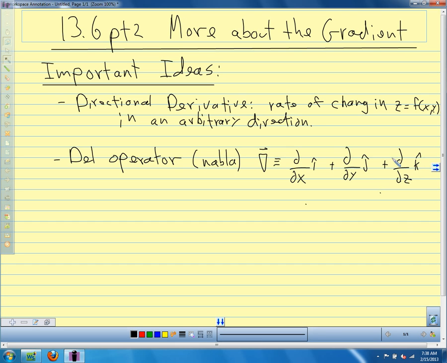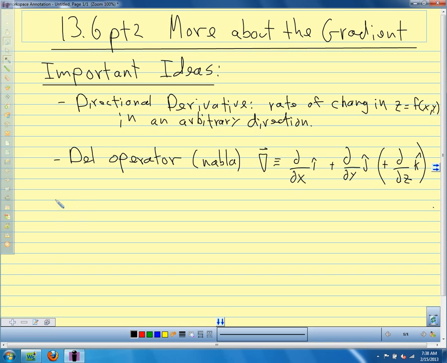Okay, so I'll just put that in parentheses. And we said that the del operator has to operate on something to have any meaning. It has to operate on a function, and later on we'll use the del operator and operate on vectors. But it has to operate on something to have a meaning. It doesn't have any value on its own.